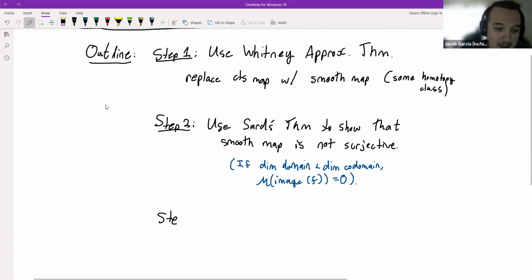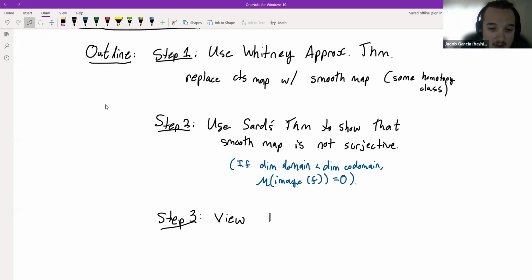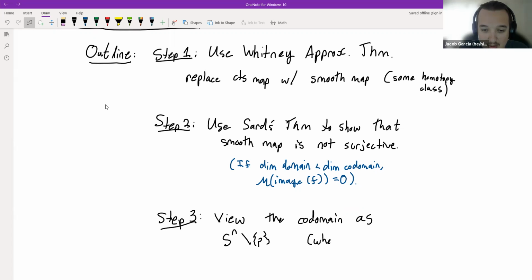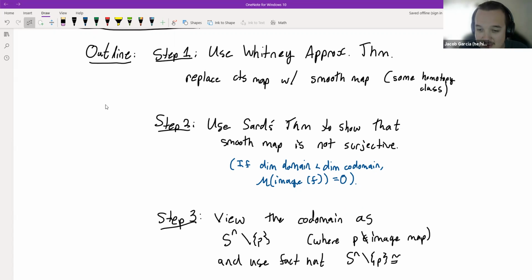Then step 3, you view the codomain as Sn set minus a point P, where P is not in the image of your map, and use the fact that Sn set minus P is diffeomorphic to Rn.